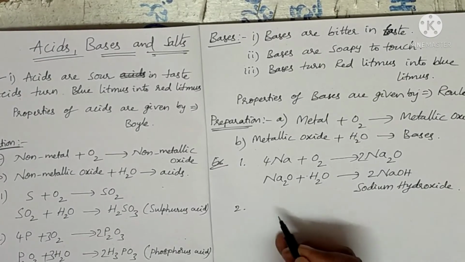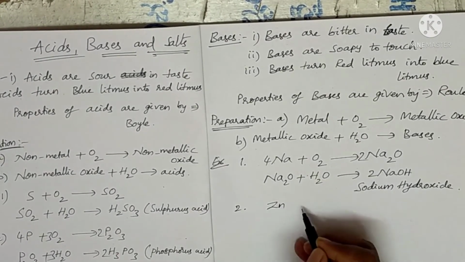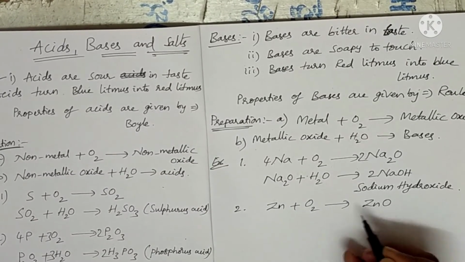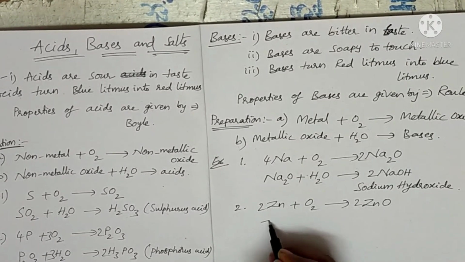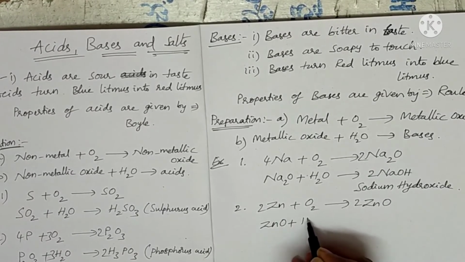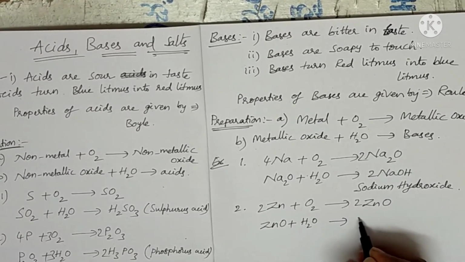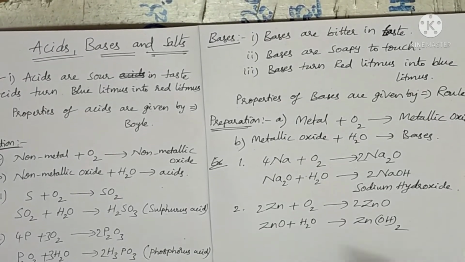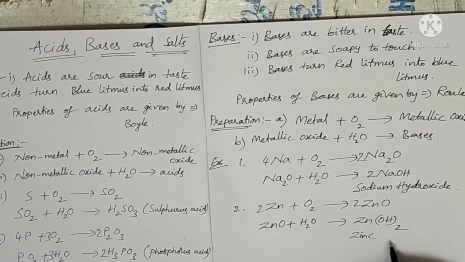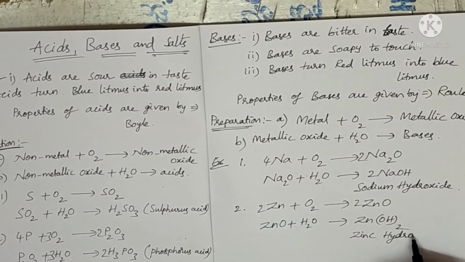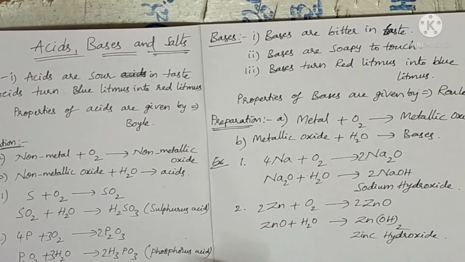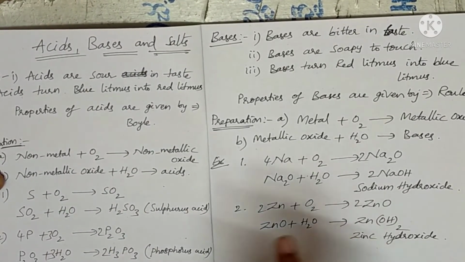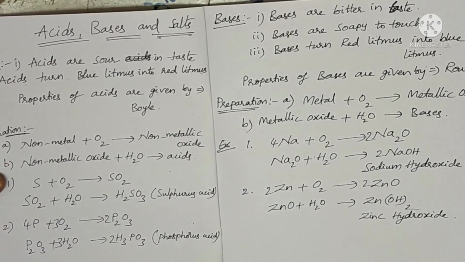Next, another example: zinc reacts with oxygen and forms zinc oxide. This zinc oxide dissolves in water and forms zinc hydroxide. This is also a base. Like this, acids are prepared from non-metallic oxides and bases are prepared from metallic oxides.